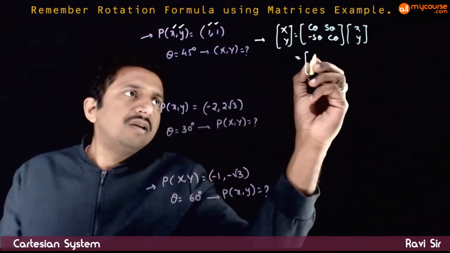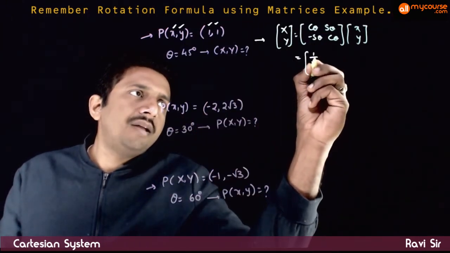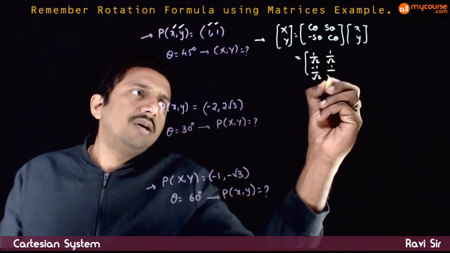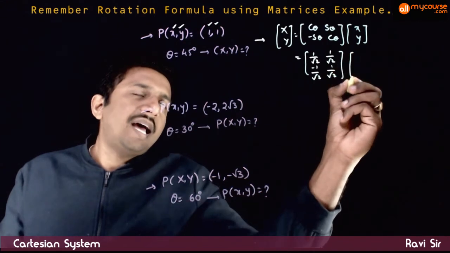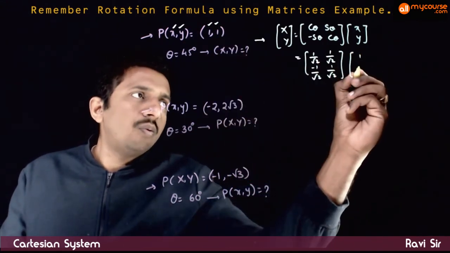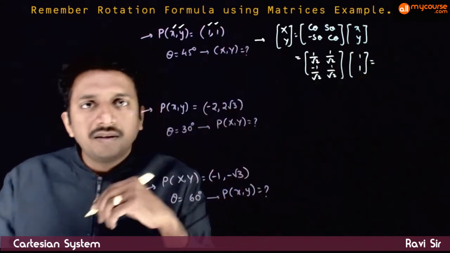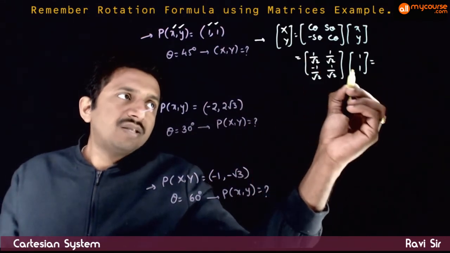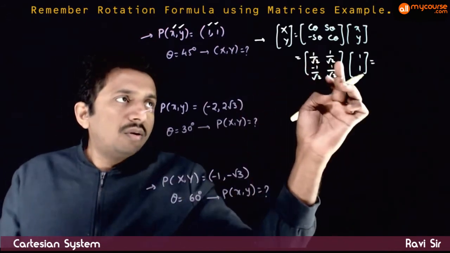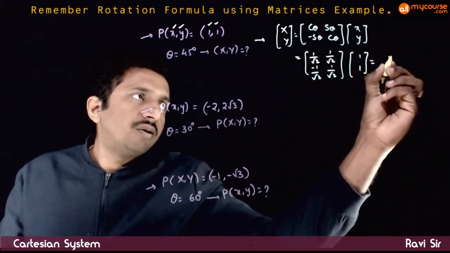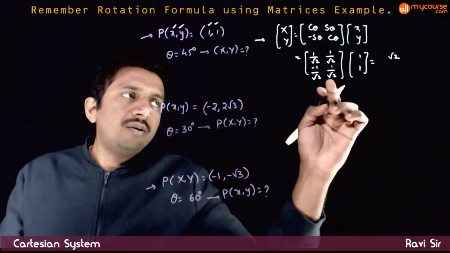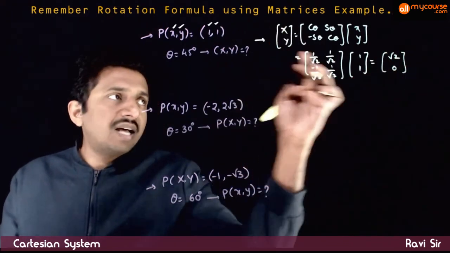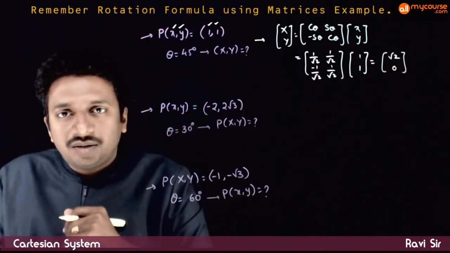Just substitute them. So 45 degrees corresponds to 1 by root 2, 1 by root 2, minus 1 by root 2, 1 by root 2, times small x small y, which is 1, 1. That is equal to matrix multiplication: 1 by root 2 into 1 plus 1 by root 2 into 1, which is root 2, and minus 1 by root 2 plus 1 by root 2, which is 0. So the new coordinates are root 2 comma 0.